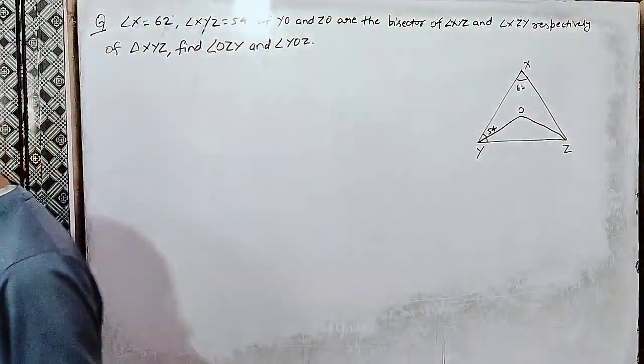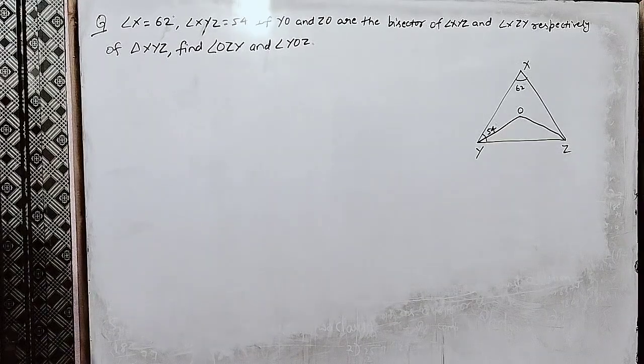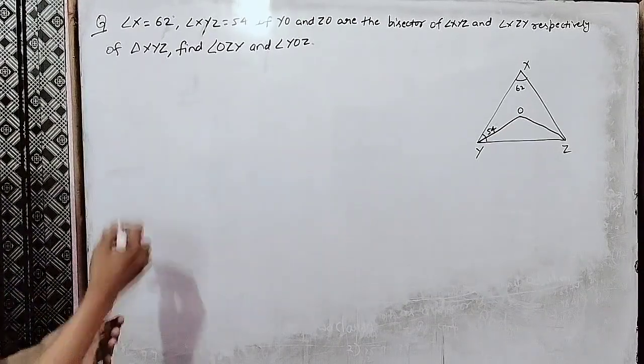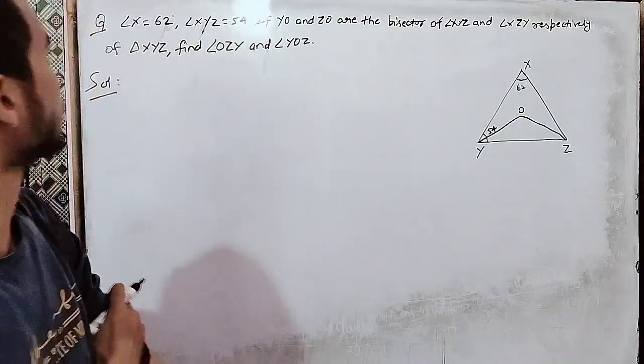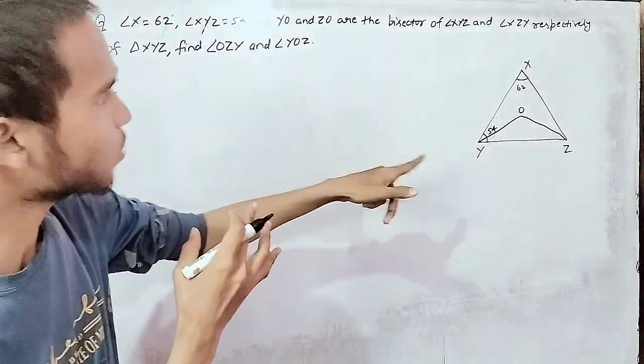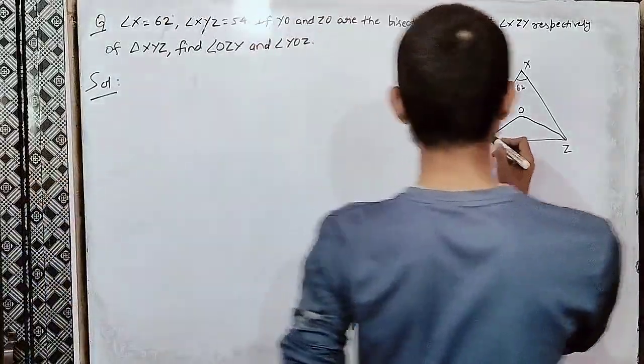Now, in front of you is a question. It is saying angle X is 62, and XYZ is 54. From here till here is 54, not this, not XYO. If YO and ZO are the bisectors of angle XYZ and angle XZY respectively of triangle XYZ.